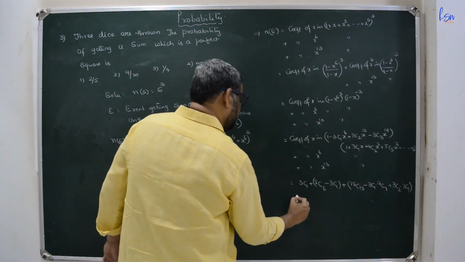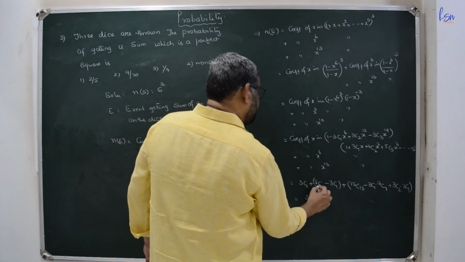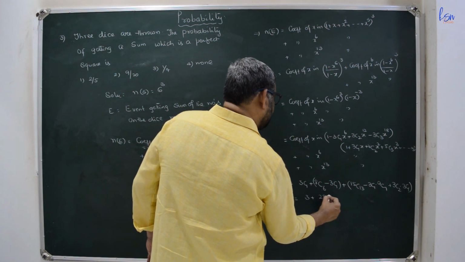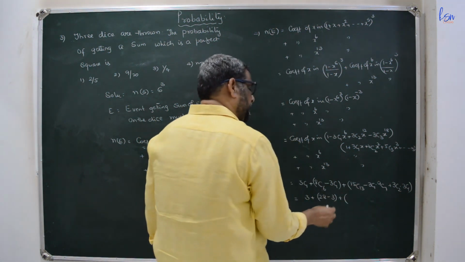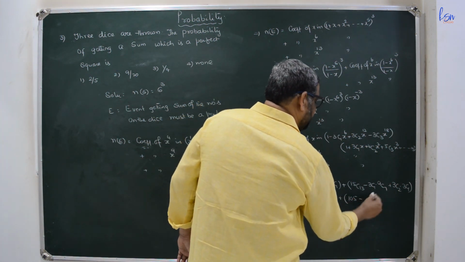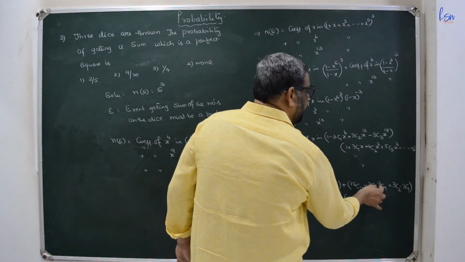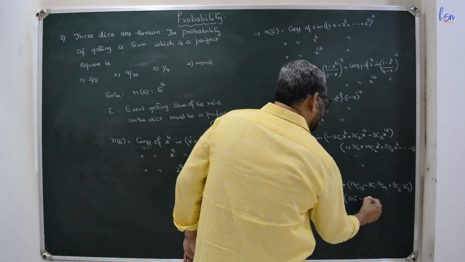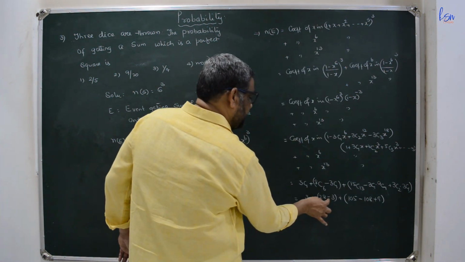So this will be the answer. This is 3. 8C6: 8 into 7 by 2, 28, minus 3, plus 15 into 14 by 2, 105, minus 3C1 times 9C7. 9C2: 9 into 8 by 2, 36, 108, plus 9. This can be taken as 25.